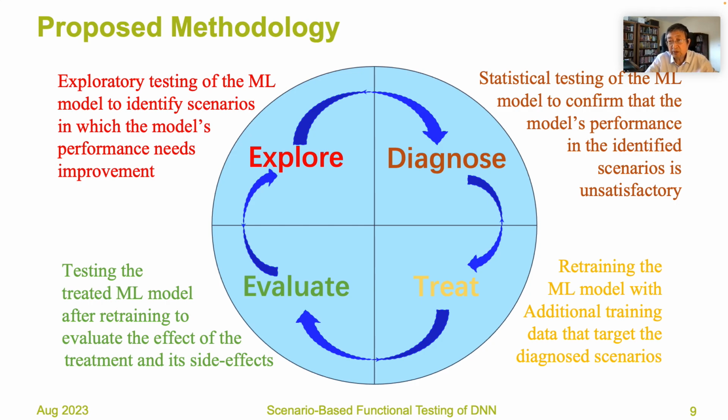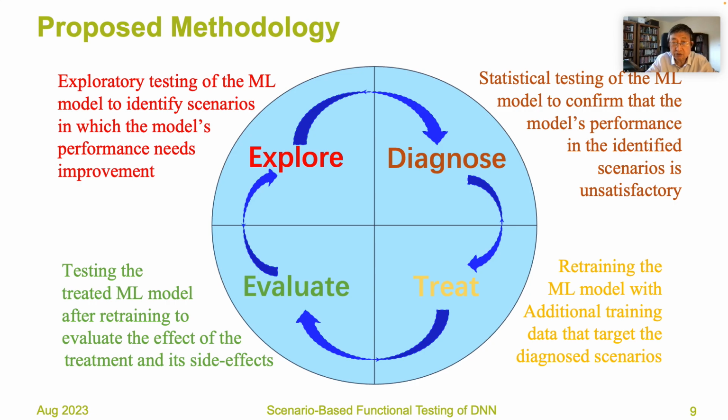Having confirmed the weak scenario is a problem, we treat the model by retraining it with additional training data that target the diagnosed scenarios. After retraining the model, we evaluate it by conducting further statistical testing, to evaluate the effect of the treatment and also to see if there are any side effects.